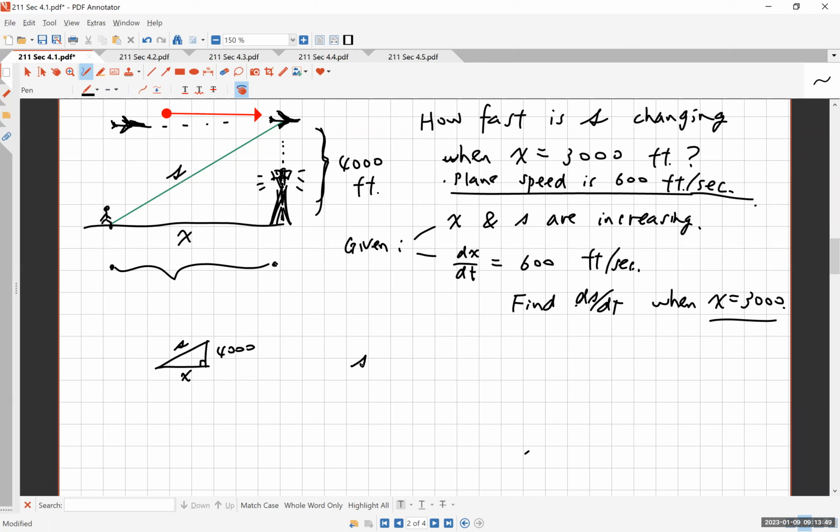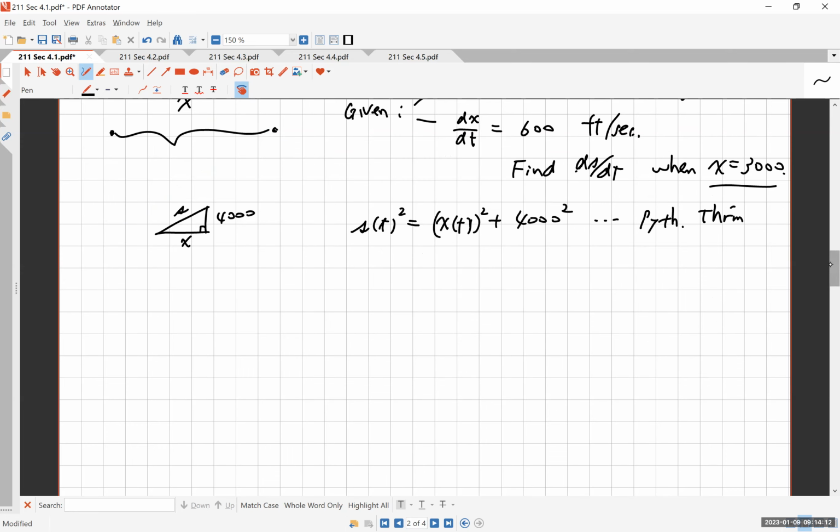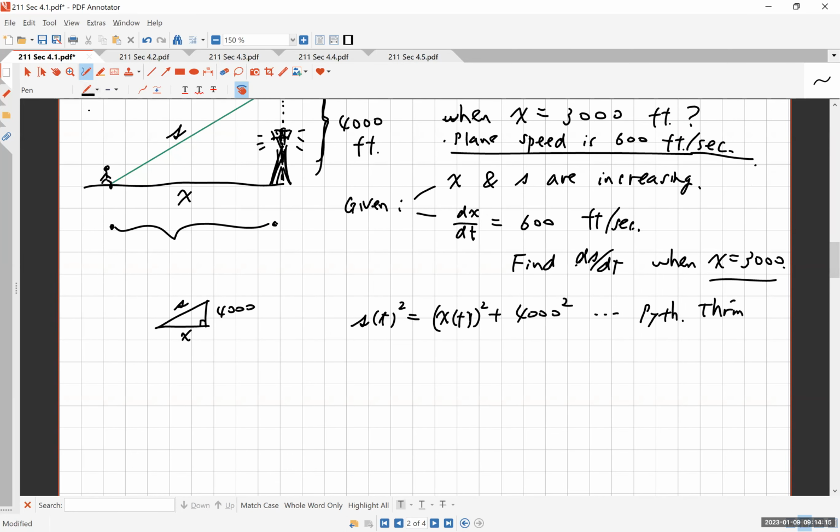So how are they related to each other? s squared is equal to x squared plus 4,000 squared. This is just the Pythagorean theorem, named after Pythagoras, an ancient Greek mathematician and philosopher, and sort of a religious leader.